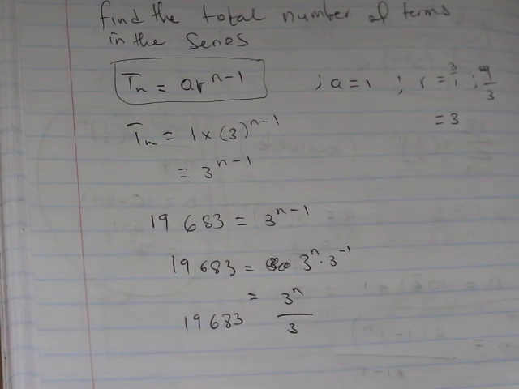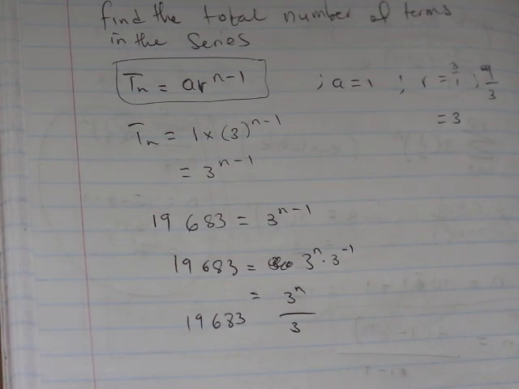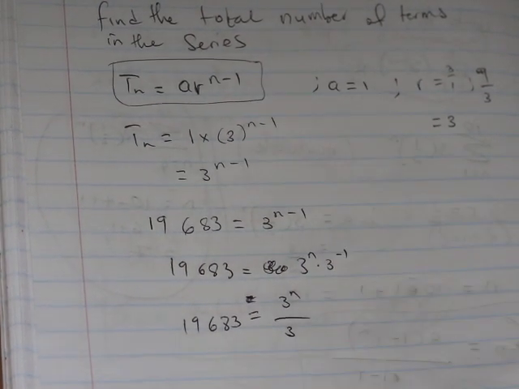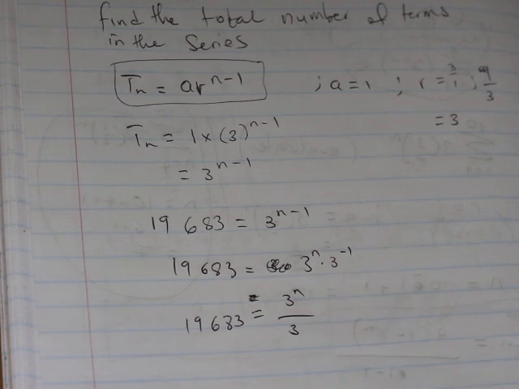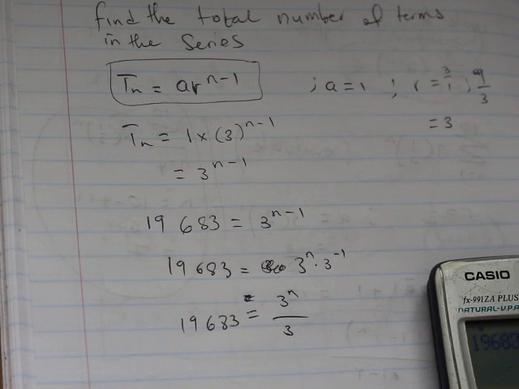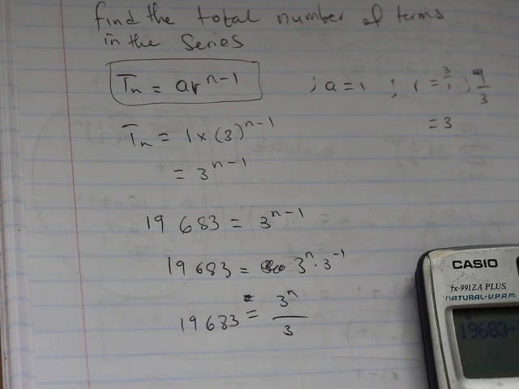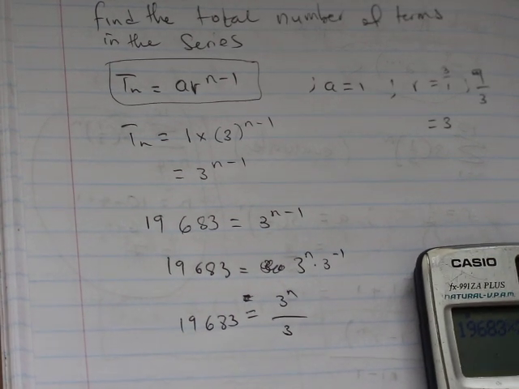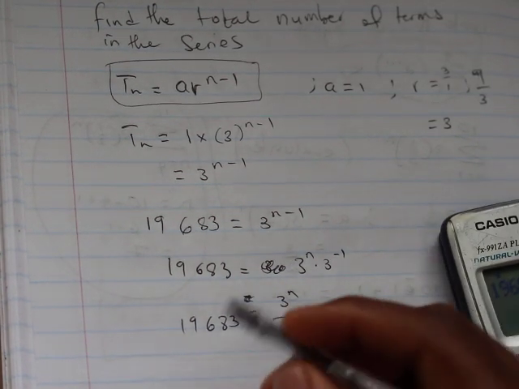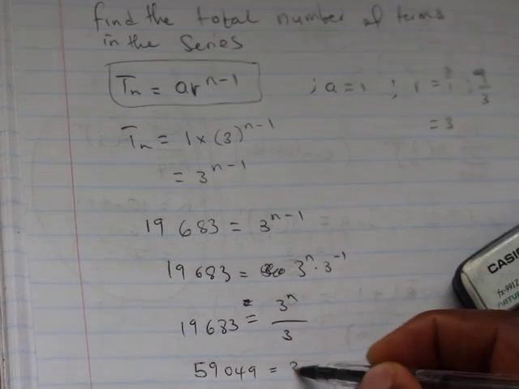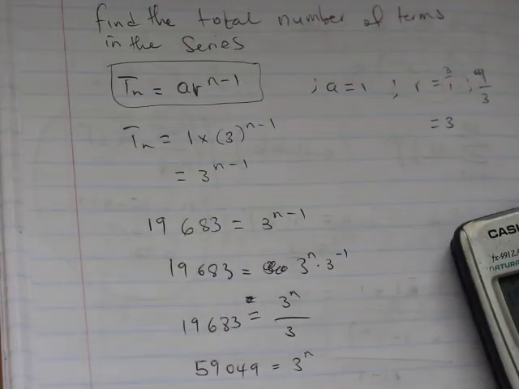So now let's multiply on the left and on the right by 3. 19,683 times 3 gives us 59049, which is equal to 3 to the n.